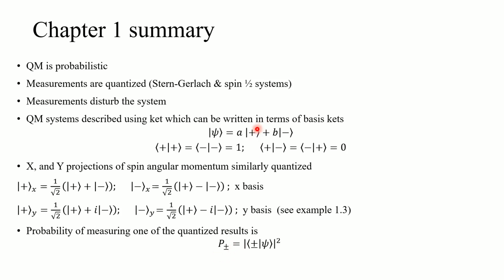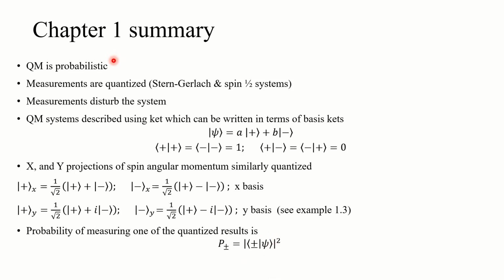So the probability of measuring a spin up state would just be a squared, because we would take this generalized ket, take the inner product of it with the plus bra, and that would give us just the a, and then we'd square it.